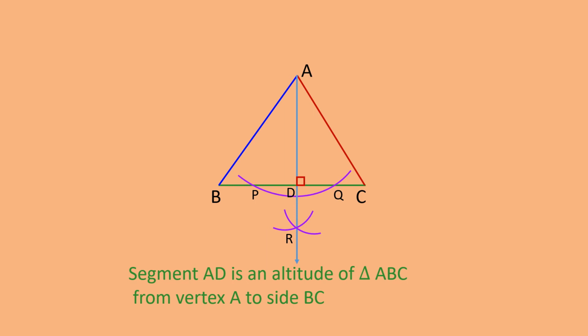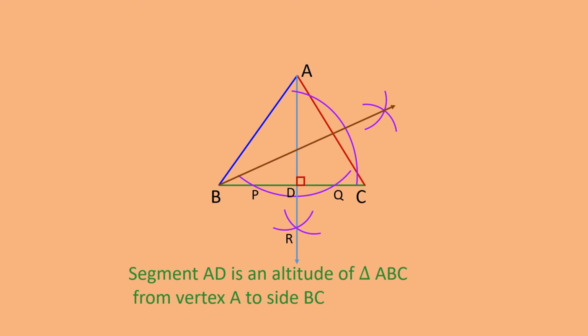Clear? Let us see the same way for side AC from vertex B. Yes, again we will do the same method as we did from A. We'll fix the radius in the rounder. From point B we will cut an arc which will intersect side AC at two points, and from the intersecting points we will draw arcs on the other side.